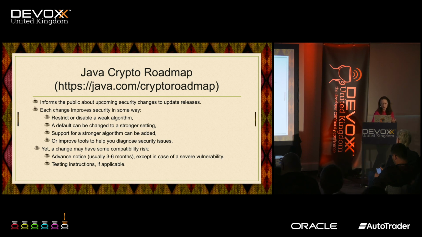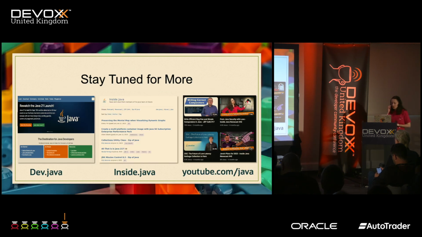Apart from this, there are some other places where you can stay tuned for more information about Java security and not only. We have a few places within the Java DevRel group where you can find what's going on with Java overall, not just security. Dev.java provides tutorials about how to use certain parts of Java.